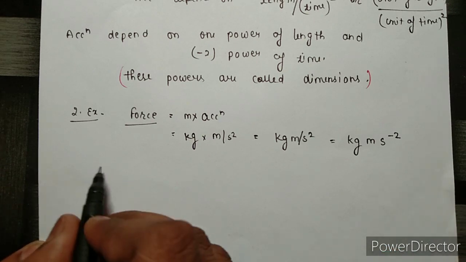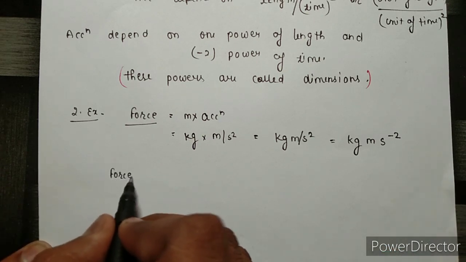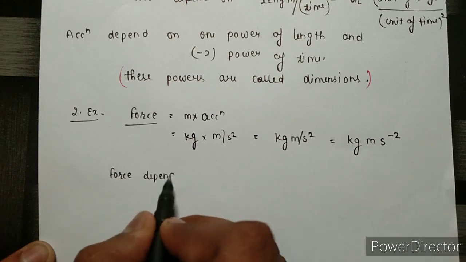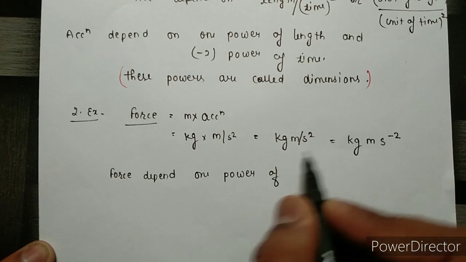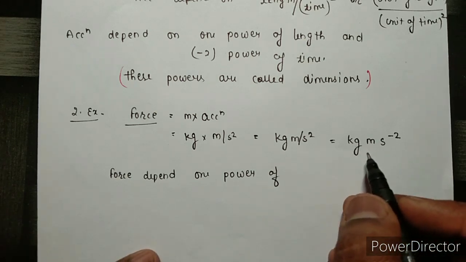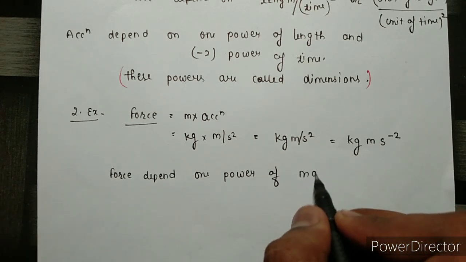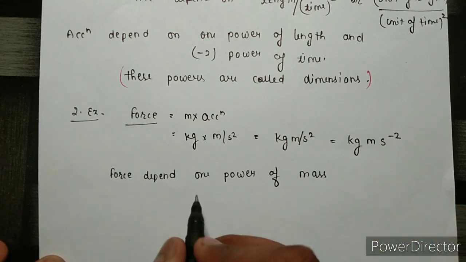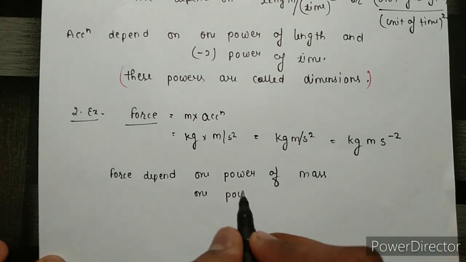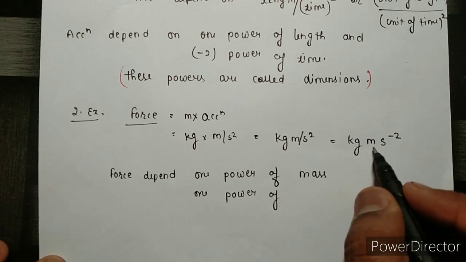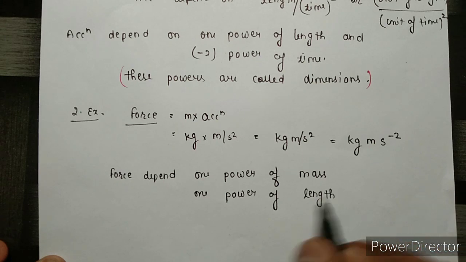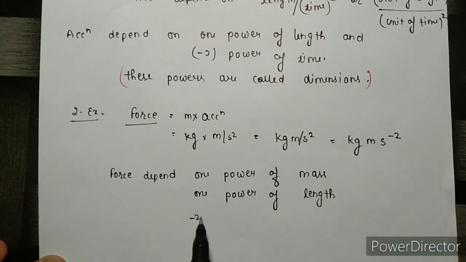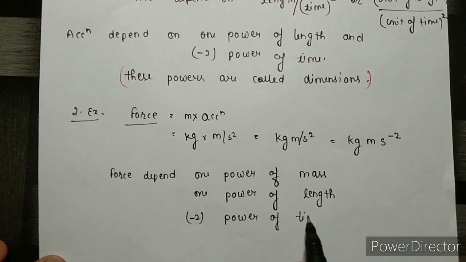So we can say that force depends on 1 power of mass, where kg represents mass. Similarly, 1 power of length, where m represents length, and minus 2 power of time.